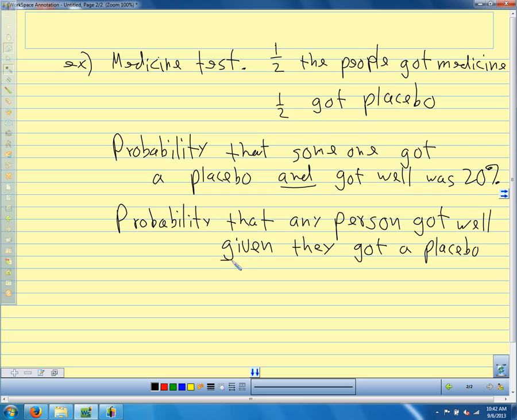So part of these probability problems is kind of decoding what they're asking us.